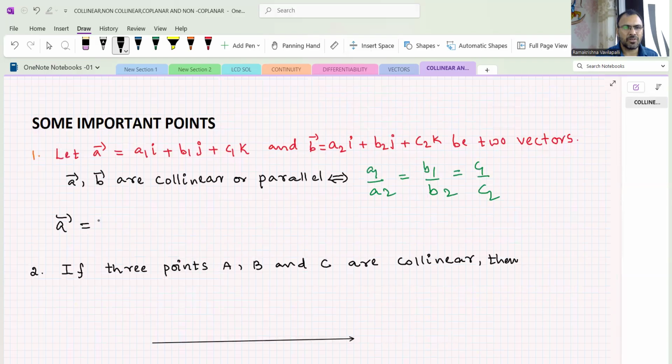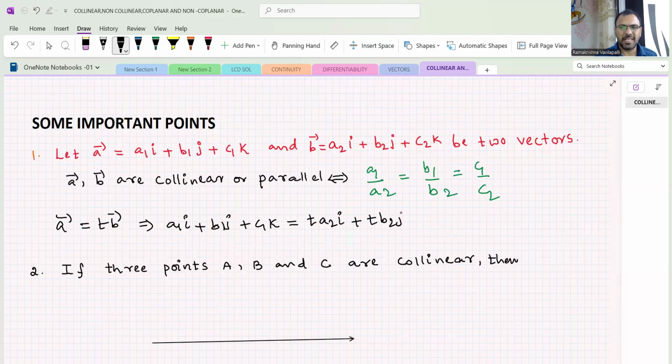So here A bar equals, you can say, TB bar, which means that A1i plus B1j plus C1k is equal to some scalar times that B bar vector. You write TA2i plus TB2j plus TC2k, isn't it? Now we have that these two vectors are equal. So therefore, these components are equal.